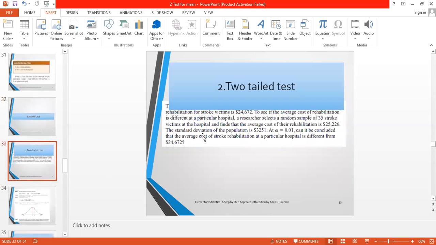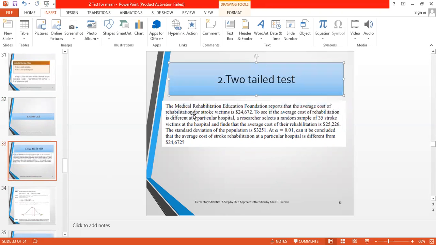This is another example. The Medical Rehabilitation Education Foundation reports that the average cost of rehabilitation for a stroke victim is $24,672. To see if the average cost of rehabilitation is different at a particular hospital, a researcher selects a random sample of 35 stroke victims at the hospital and finds that the average cost of their rehabilitation is $25,226.